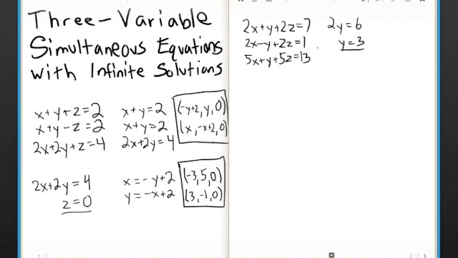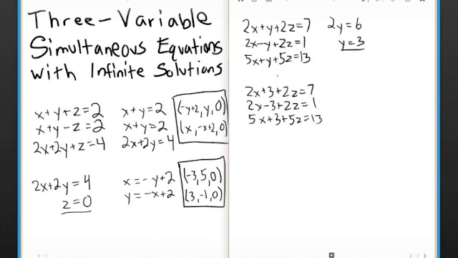So now that we know that, we can substitute 3 into all of these equations here. So we'll get 2x plus 3 plus 2z equals 7. 2x minus 3 plus 2z equals 1. And 5x plus 3 plus 5z equals 13.